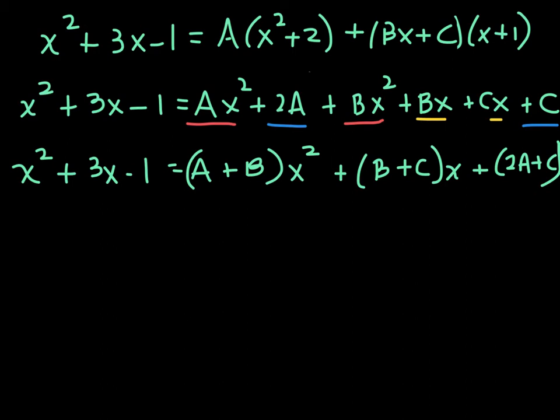All right, so the squared term on the left-hand side has a coefficient of 1. The coefficient of the squared term on the right-hand side is a plus b. So I'm going to equate those coefficients, because they have the same power.